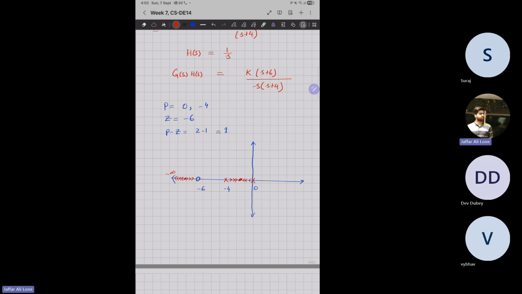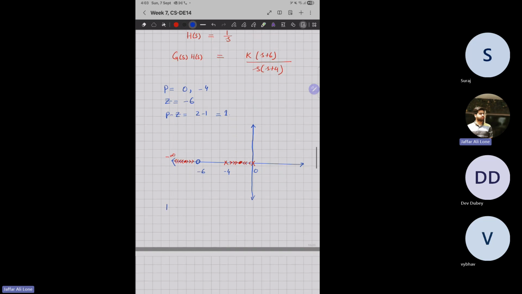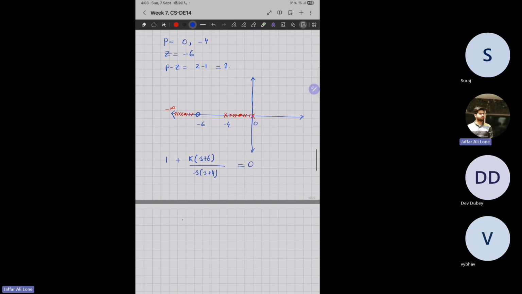We know it. How do we calculate break-in and breakaway points? We calculate them from the expression of K. So we have 1 plus K into (S plus 6) divided by S into (S plus 4), and we put it equal to 0. We find K is equal to minus S into (S plus 4) divided by (S plus 6).